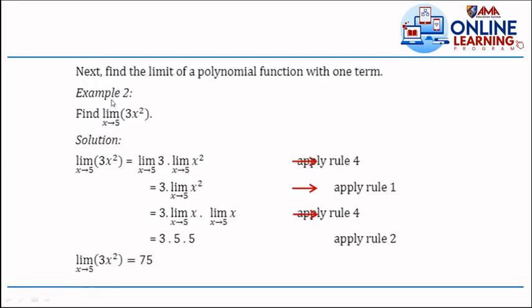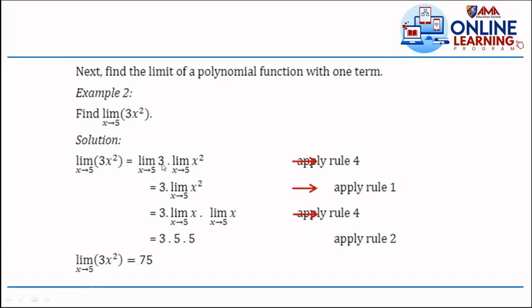Next, you have your example number 2. Find the limit of a polynomial function with one term. So we have only one term of a polynomial. So the limit of 3x squared as x approaches 5. So 3x squared is a factor of 3 multiplied by x multiplied by x.